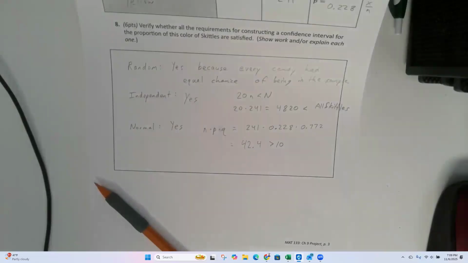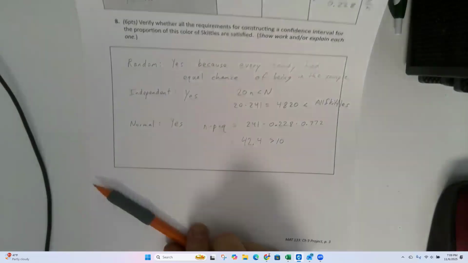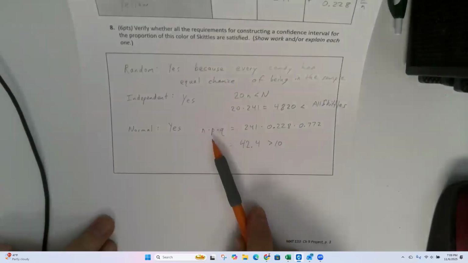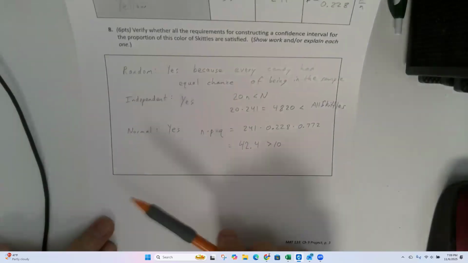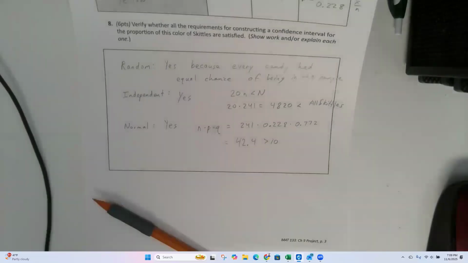For means, you can pick a number as long as n is bigger than 30. But for proportions, it's not just the n that matters. You have to check p and q as well, because I could pick a sample size of 1,000 and it's still not big enough if my p is very small.